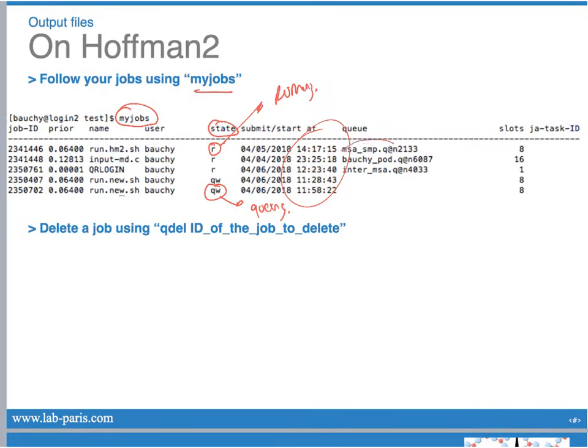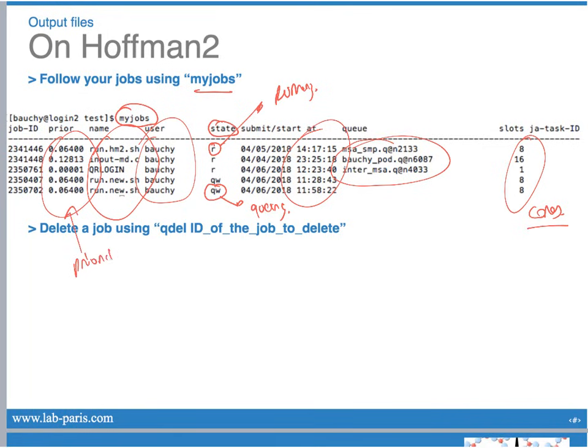You have some information about where the job is actually running, in which nodes. Here is the number of cores that you are requesting, so 8 cores, 16 cores, etc. Here is the name of your job. This is you, and this is the priority of your job.